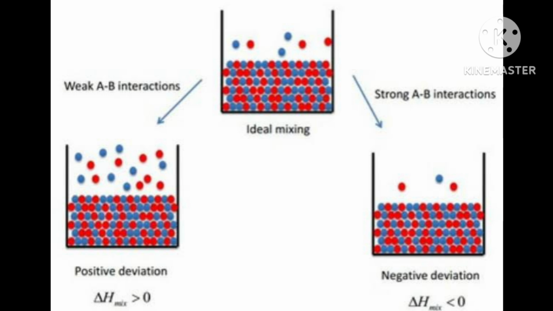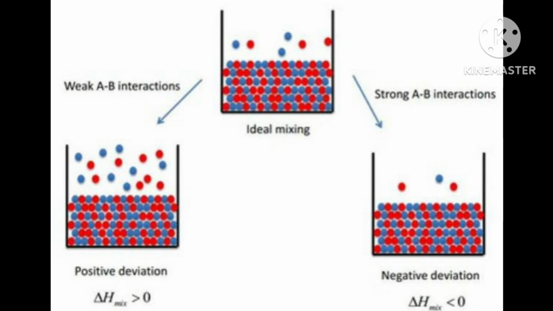Then according to Raoult's law, you can say that P1 is directly proportional to X1, and then convert it into an equality. Then P1 is equal to P1 naught into X1. The proportionality constant is equal to the vapor pressure of pure solvent, that you denote by P1 naught or P1 superscript 0.